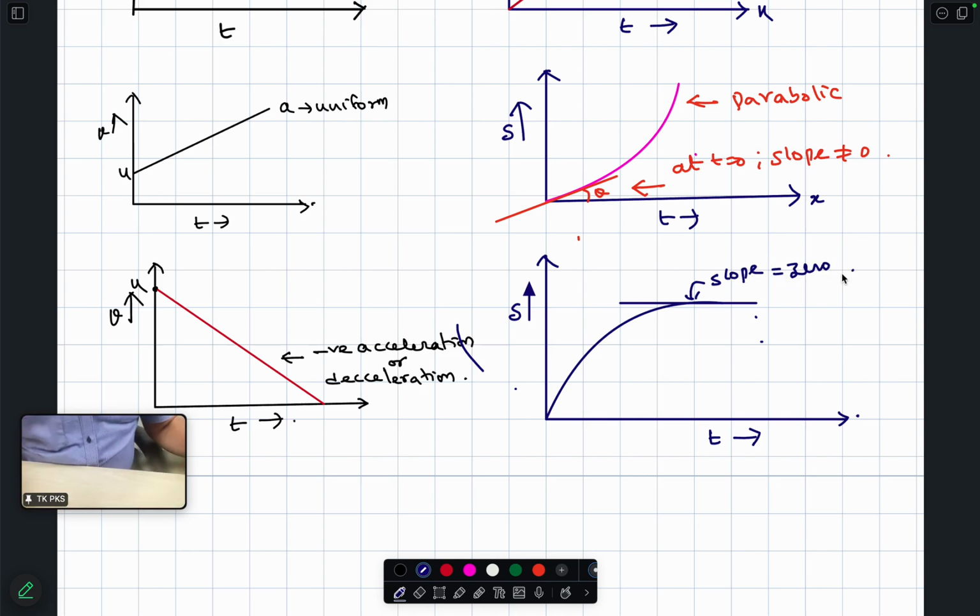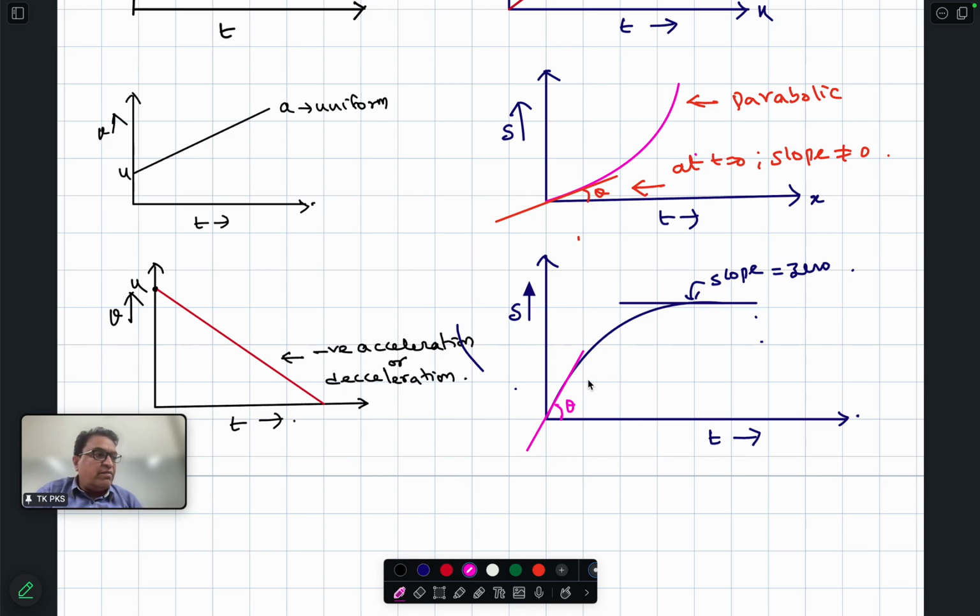The slope at that point is 0. And initially you have some slope. So this is how the nature of the graphs were.